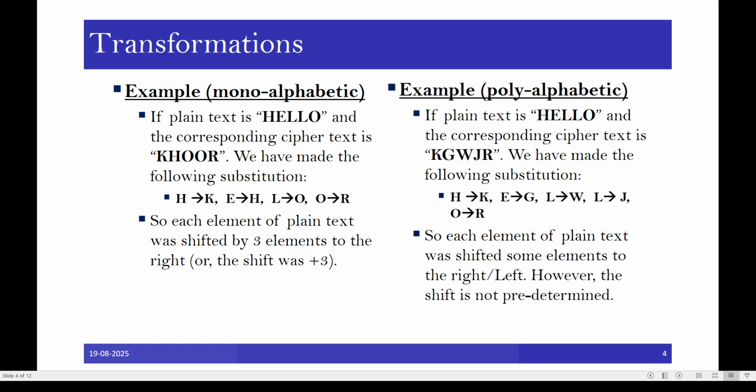The example of monoalphabetic and polyalphabetic transformations is shown here. Suppose the plain text is hello and the corresponding ciphertext is khoor.